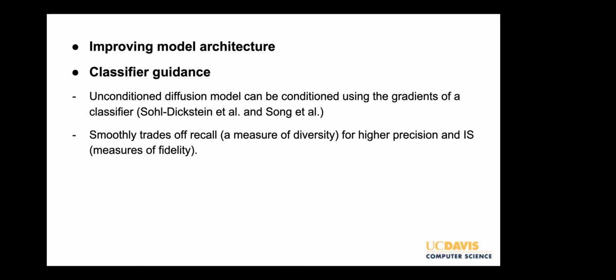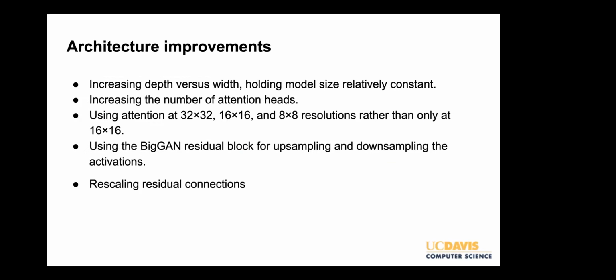This increases the probability that samples are from the target class. They show that they can scale the gradients up to trade off diversity for fidelity, and they greatly benefit the conditional models, giving state-of-the-art results. With these improvements, the proposed model achieves a new state of the art, surpassing GANs on several different metrics and datasets. So let's begin with the architecture improvements.